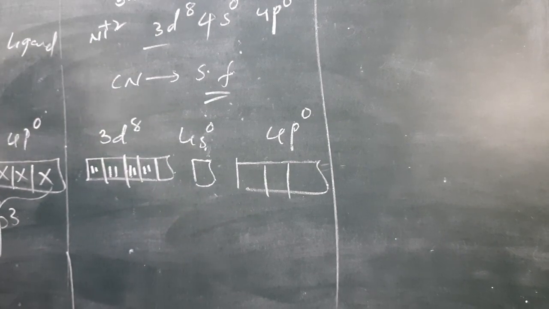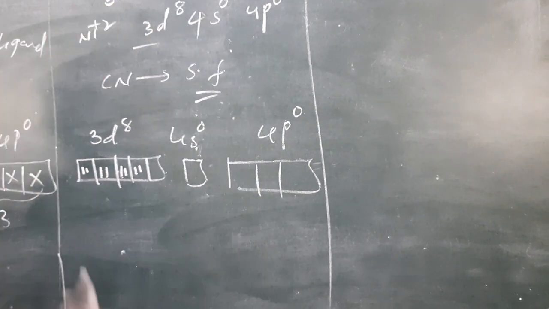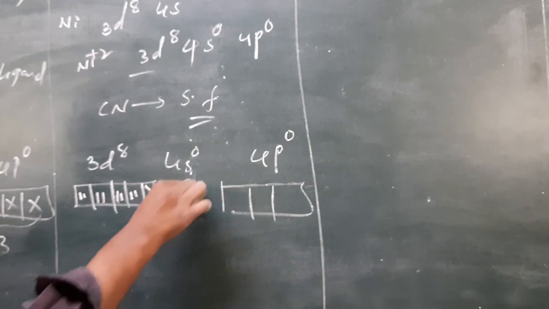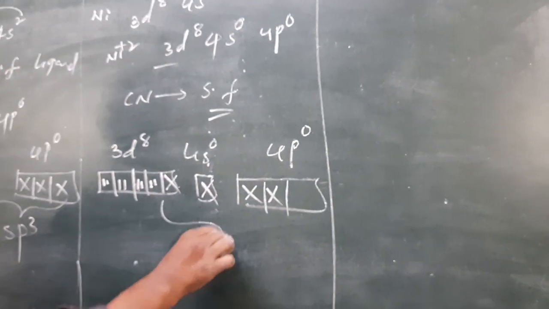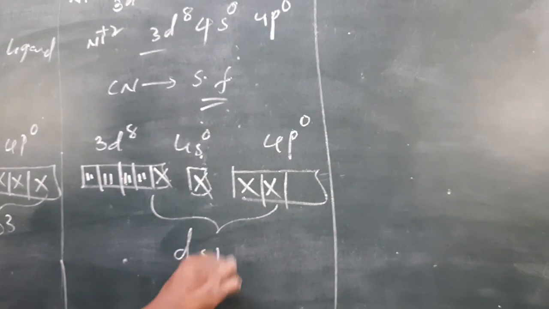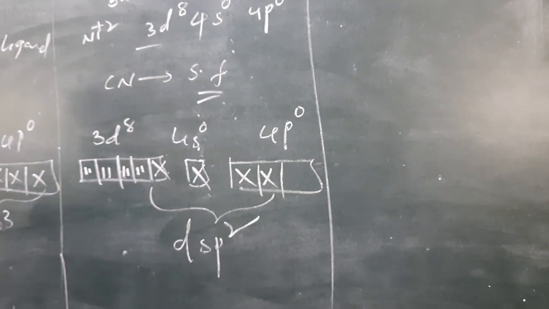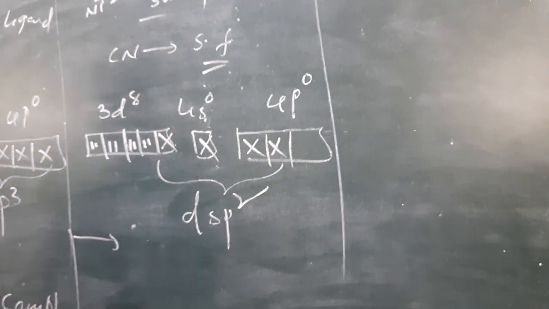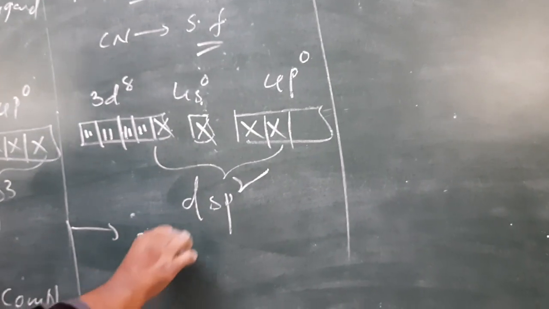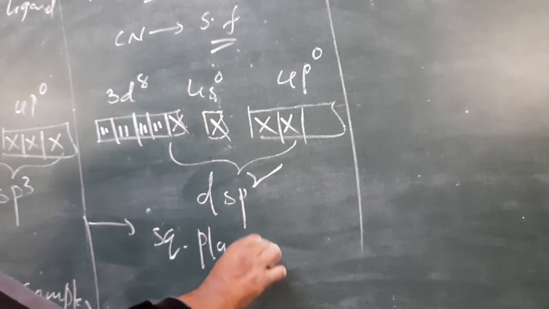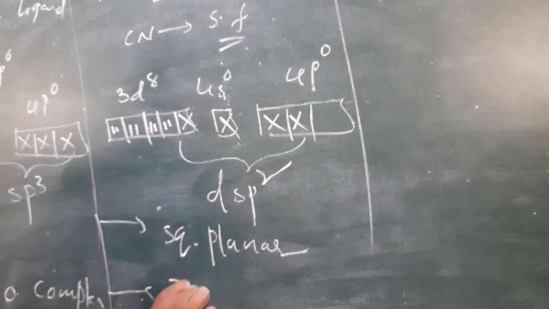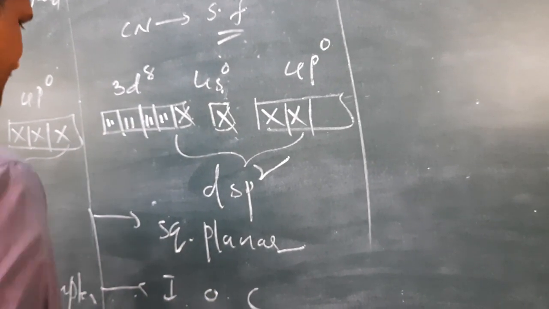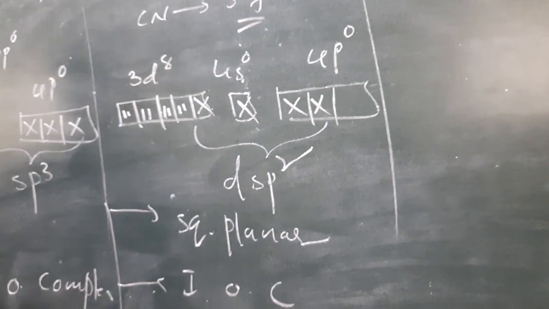There are 4 empty orbitals required because coordination number is 4, 1 2 3 4. So hybridization is dsp2. dsp2 hybridization means square planar complex. 3d is involved, so inner orbital complex.